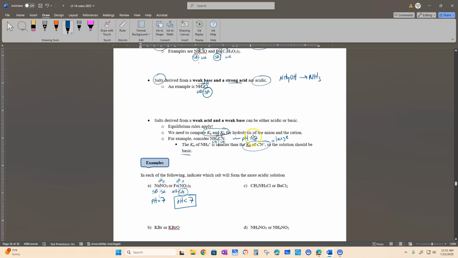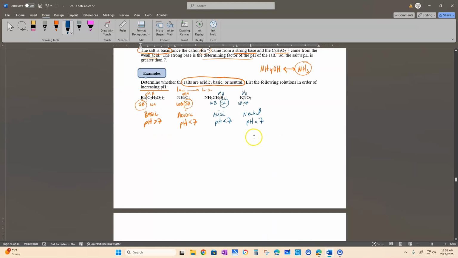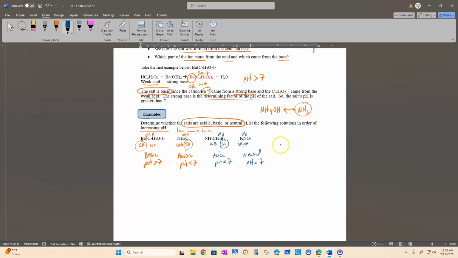Okay? This up here, just remember, we didn't put them in order by pH. So who has the lowest pH? Well, we actually have 2 of them right here. These 2 have very low pHs. I don't know which one would have a lower pH than the other one without doing any math.